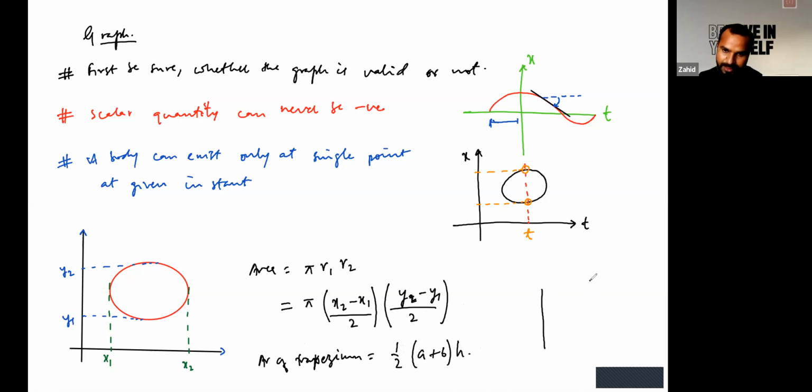If you have parallel lines like this, and there is a perpendicular separation between them, this is your A, and this is your B. These are two parallel lines, or suppose two y coordinates, and this is the perpendicular separation between them, called H. So the area of this geometrical figure is half the sum of parallel sides into the perpendicular separation between them.